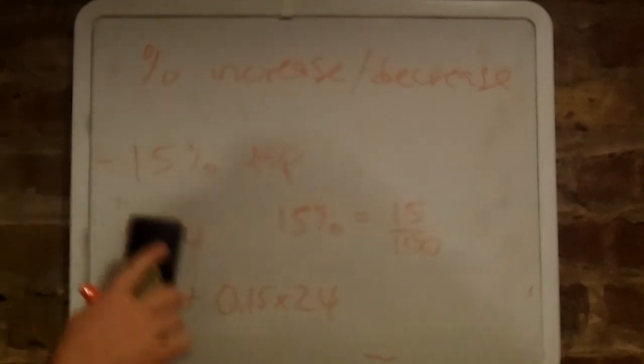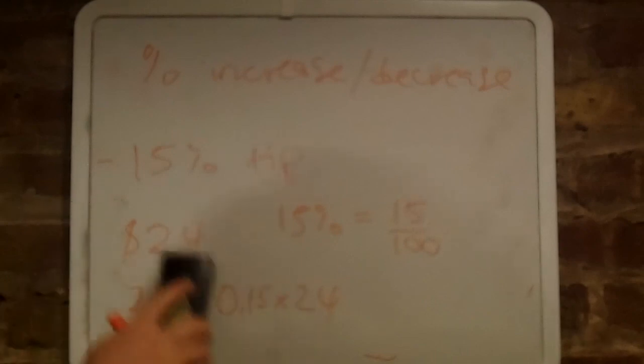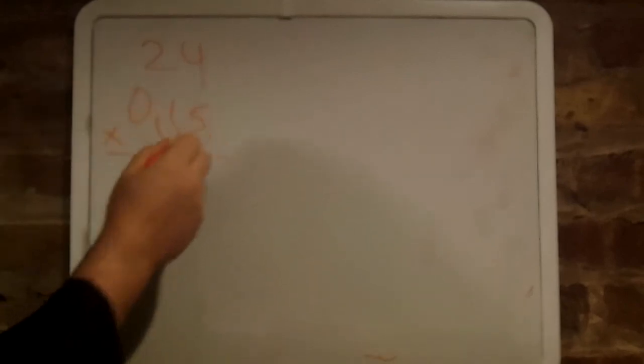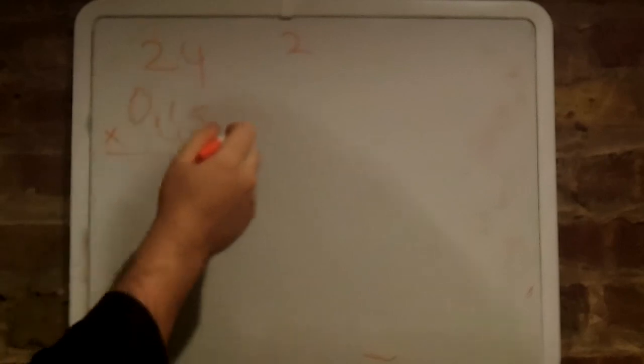Okay, so 15%, 0.15 times 24. We're going to move our decimal point 2 spaces to the right. Make sure we remember to move it back when we're done. And now we're just going to treat it like 15 times 24.